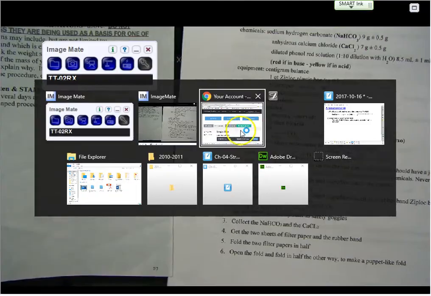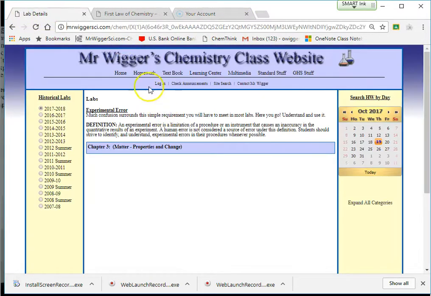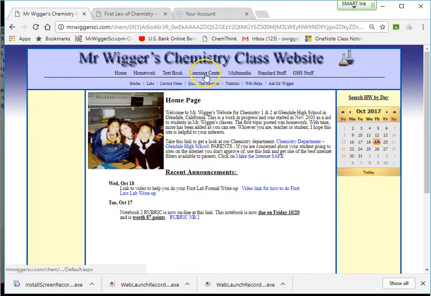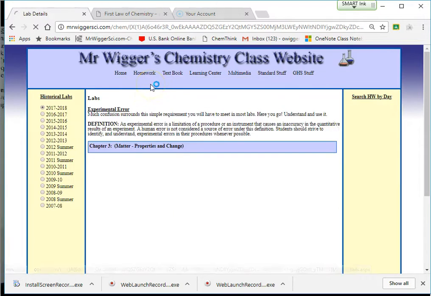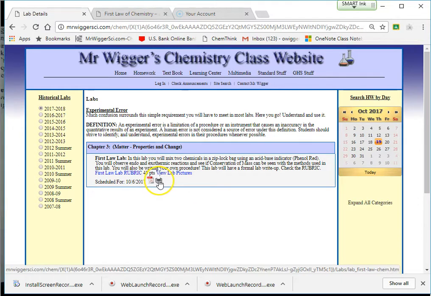Okay, so we're going to go to my website. Lab details. Okay, so how did I get here? Let's start with the home page. Home page. There we go. Okay, Learning Center, down and over to labs. And under there, you can get this one right here. That will give you the Word version that is easy to copy from.